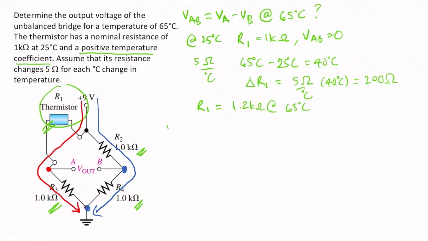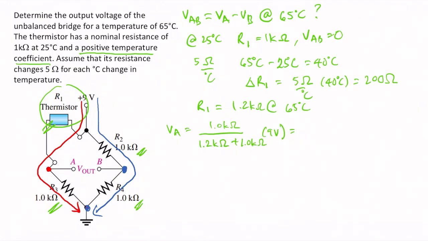Okay, so the voltage at point A is therefore given by, using the voltage divider equation, 1 kilo ohm divided by 1.2 kilo ohm, which is the thermistor resistance, plus 1 kilo ohm, multiplied by 9 volts.